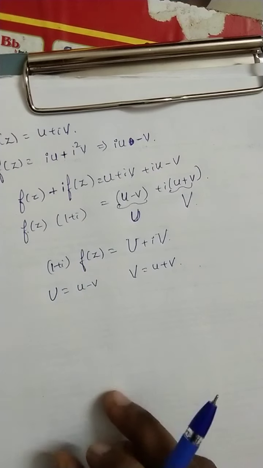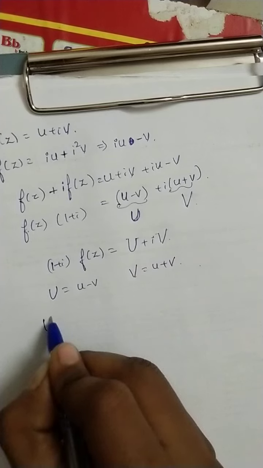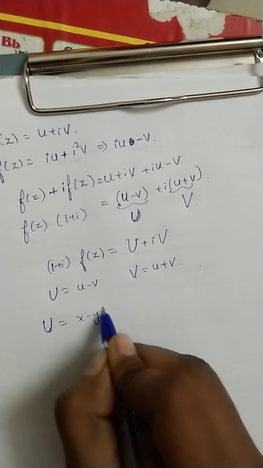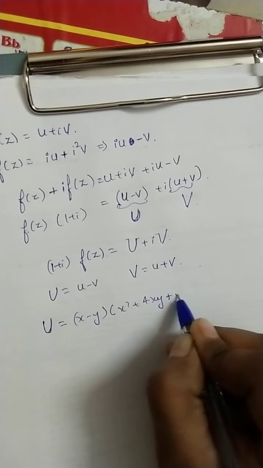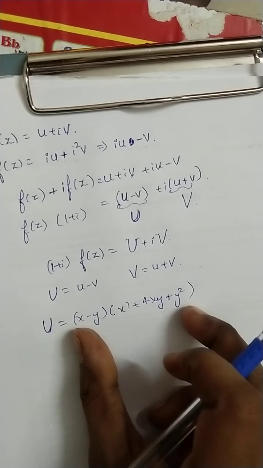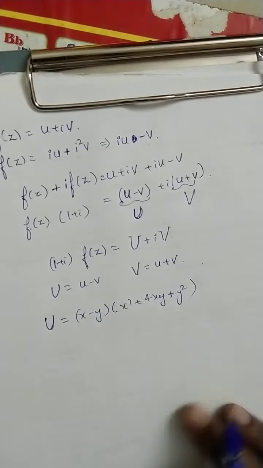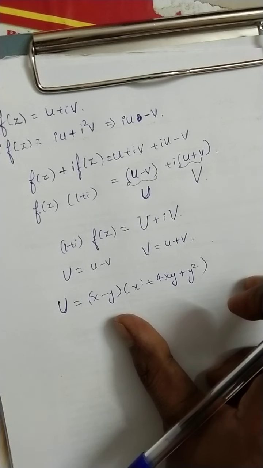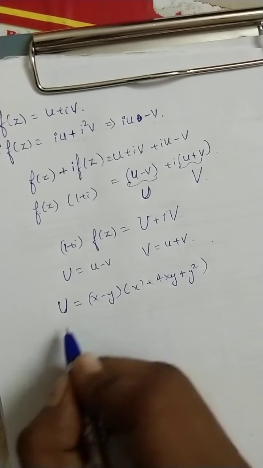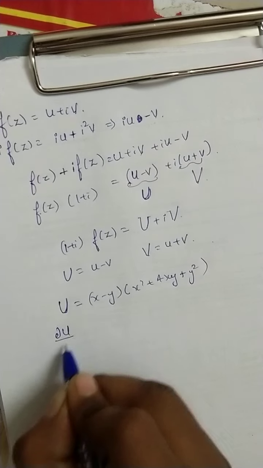So in the question they have given the real part, that is u is equal to x minus y into x square plus 4xy plus y square. In the question they have given this part. Here i is not present, so we will consider it as a real part. Now we have to find dou u by dou x.